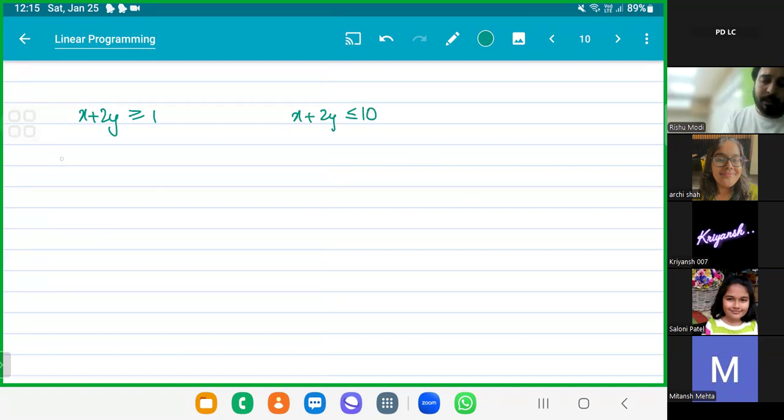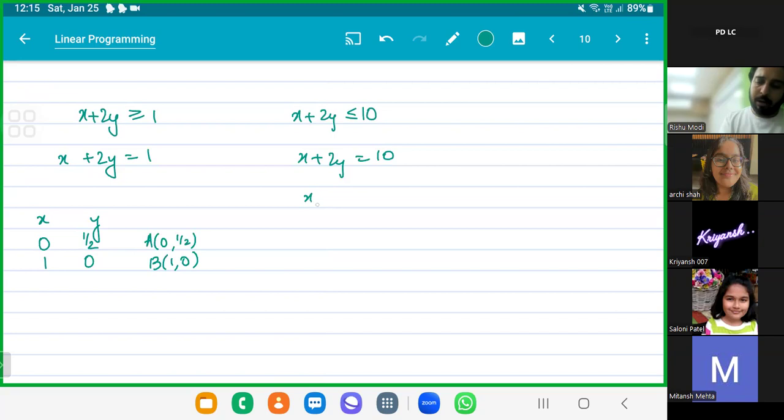So if I take x plus 2y equal to 1, x plus 2y equal to 10. If I take x as 0, y will come as 1 by 2, y as 0, x will be 1. So I have points A (0, half) and B (1, 0).